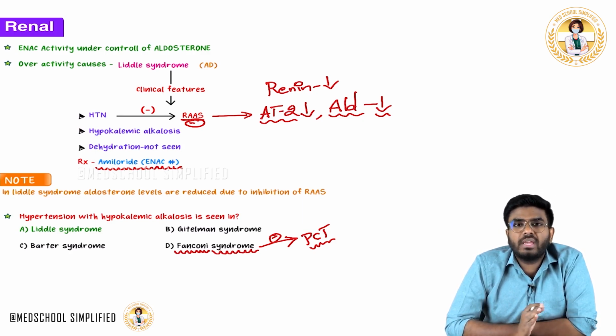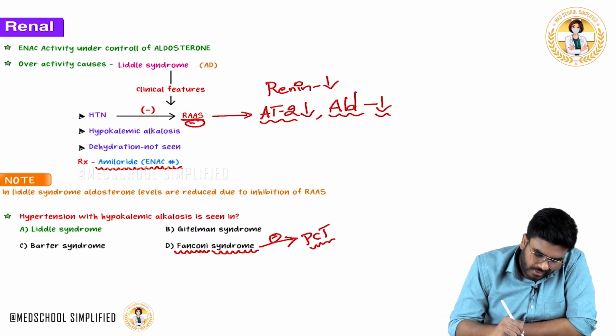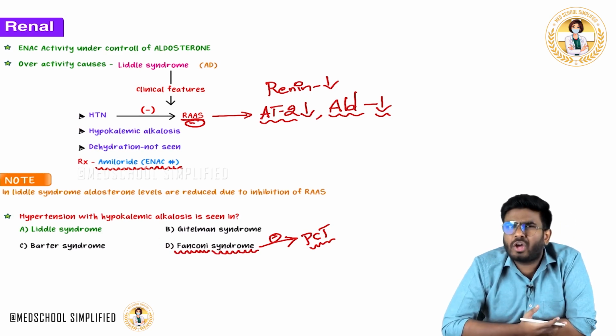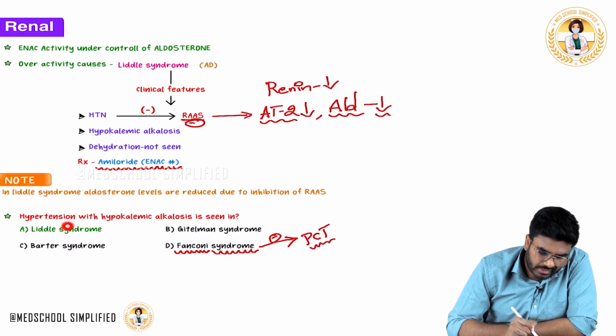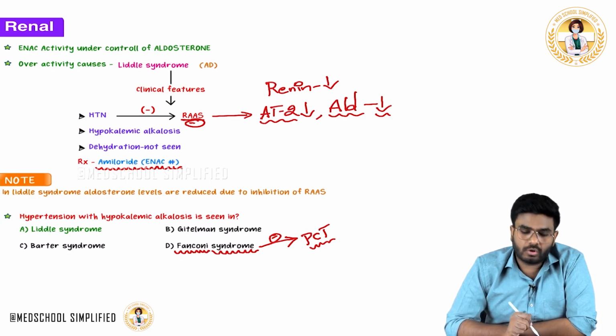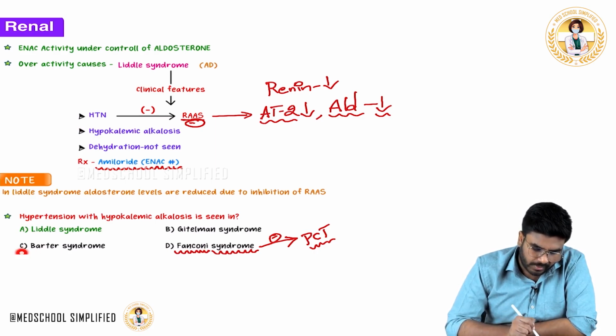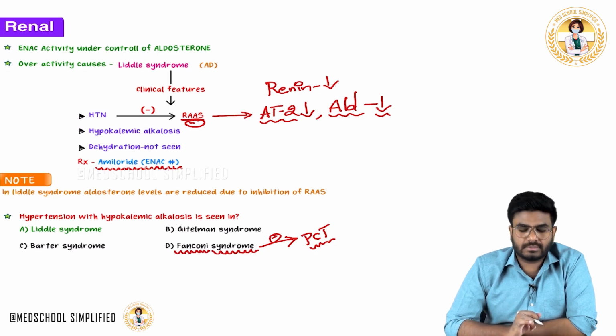So what happened to the BP? BP will be decreased. Even in Fanconi syndrome, the patient has normal or low BP, but BP is never increased. Now in our question, they are asking about hypertension. Hypertension is seen in Liddle syndrome, but not in Bartter, Gitelman or Fanconi syndrome.